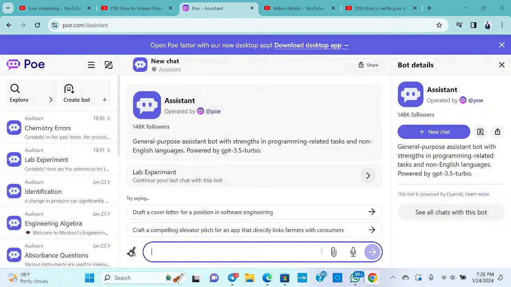So for example, let's say physical lab. The topic is volume conserved. So now let us see how we can generate an introduction from ChatGPT for physical lab.